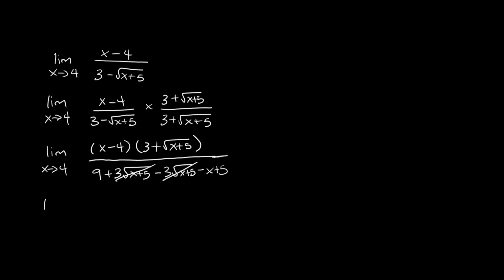And so we'll be finding the limit as x approaches 4 of x minus 4 multiplied by 3 plus the root of x plus 5, divided by 9 minus x plus 5.